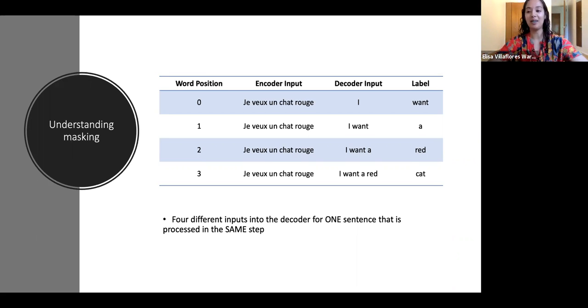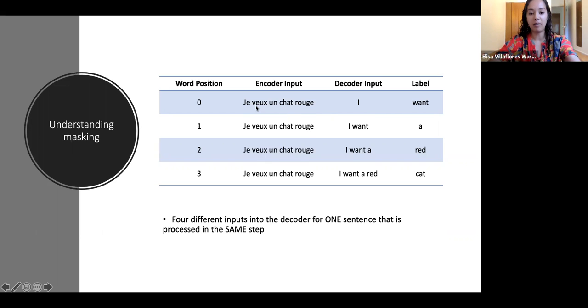So let's talk about how the decoder works in training. If we think of a sentence which has 5 words in it, in French the input we're given is je veux un chat rouge, and our label, or what we want to output, is I want a red cat.